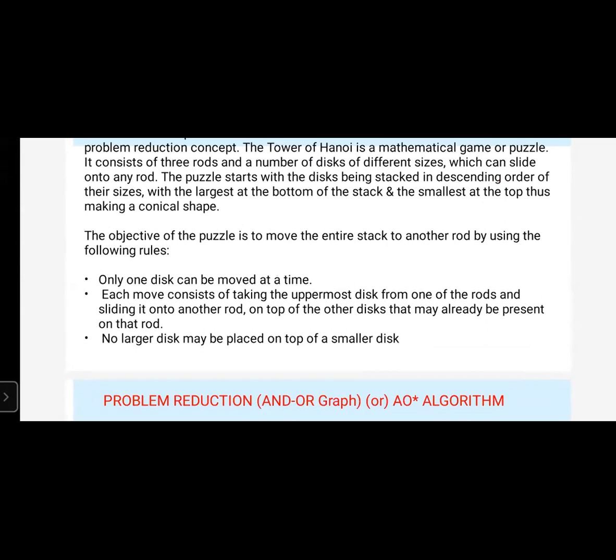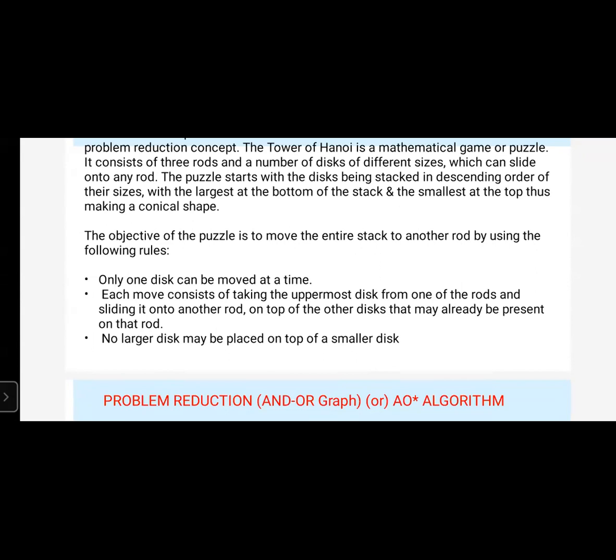That means the topmost disk will be taken out and placed onto another rod. If some disk is already there, the disk taken out should be placed on the other disk.